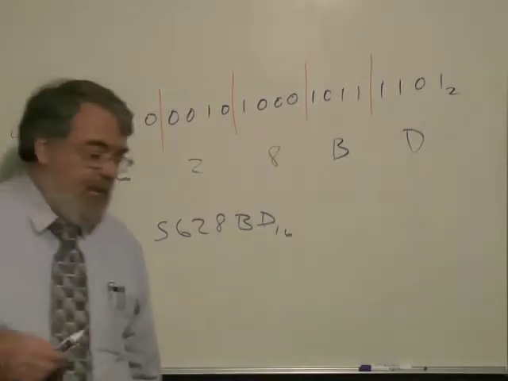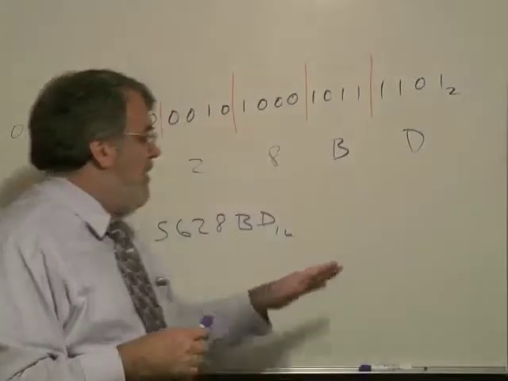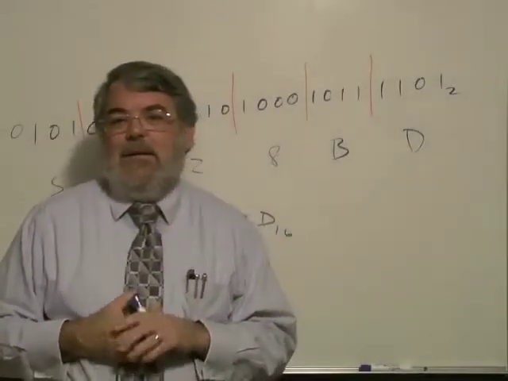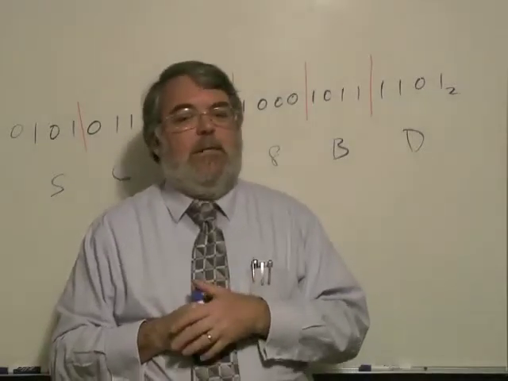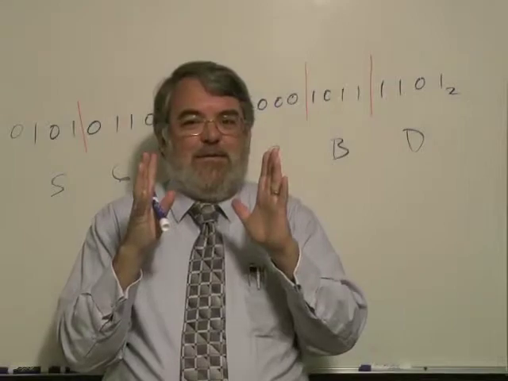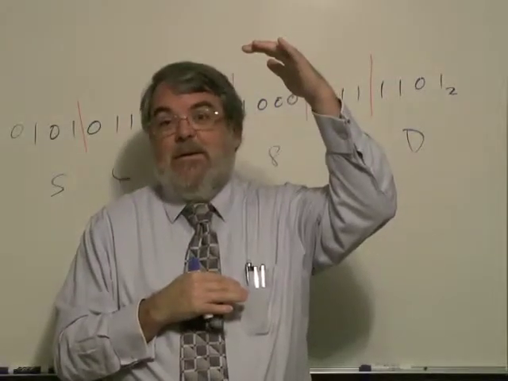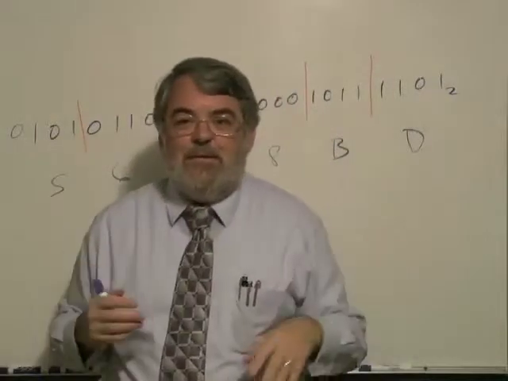And so a 24-bit number represented somewhat more concisely. I think you'd probably much rather face a smaller page of hexadecimal numbers than a very large page of binary numbers, which is just going to be gazillions of zeros and ones.